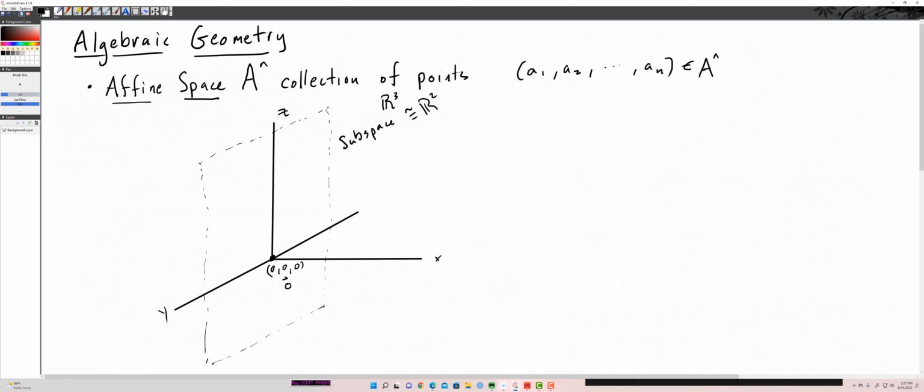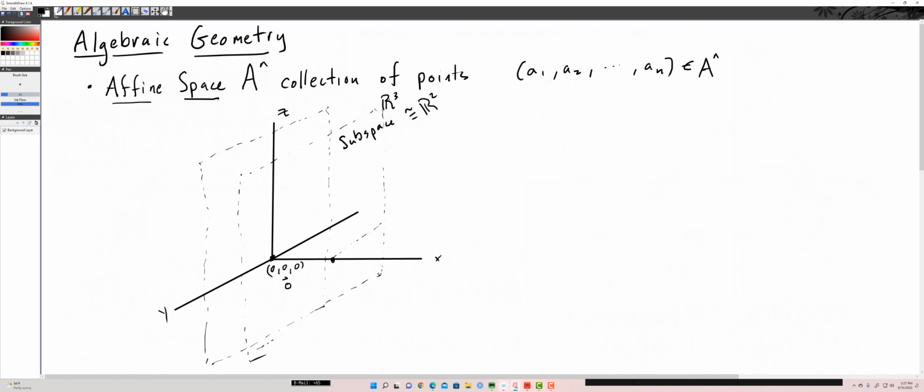Okay? Now, if I were to take the plane that, say, went through this point instead, and was parallel to the plane that I just drew, I'm going to try to do this neatly. Right, so hopefully you can see I have two different planes here.